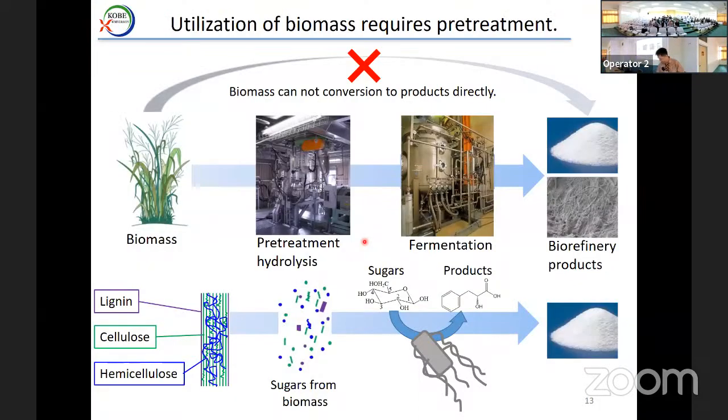Anyway, in the case of biomass for the biorefinery, as I mentioned, it is too hard to degrade the biomass by enzymes at first. As mentioned on this slide, the biomass cannot be converted directly to the final product due to the lignin and its tight connection with the cellulose.